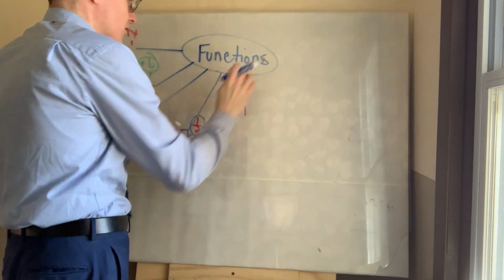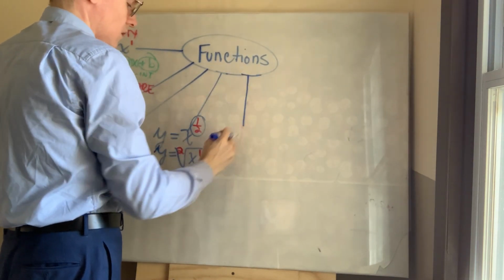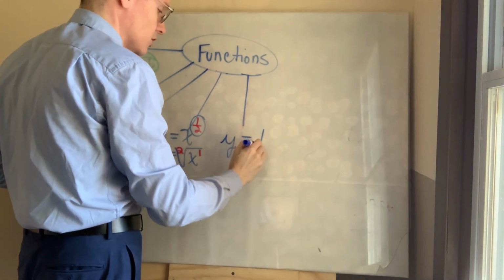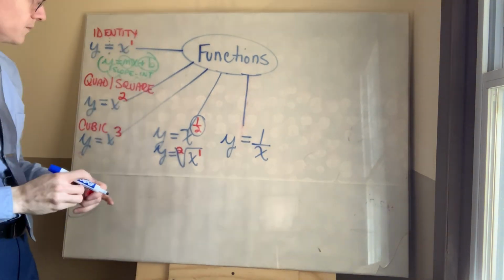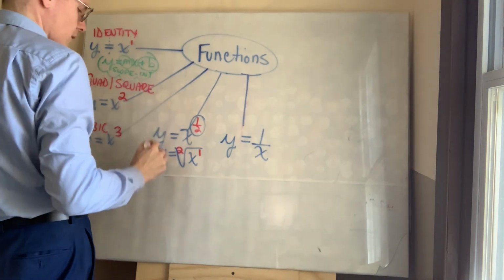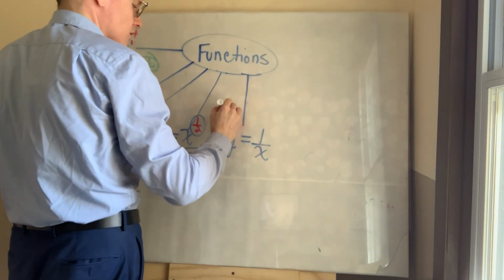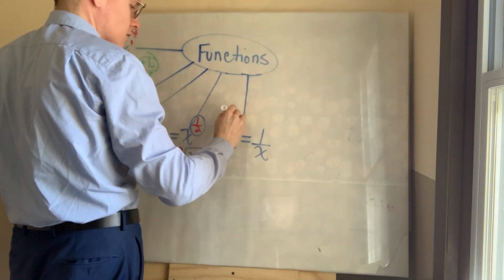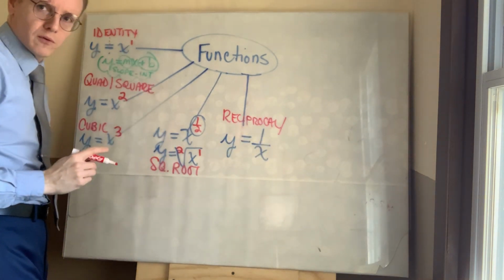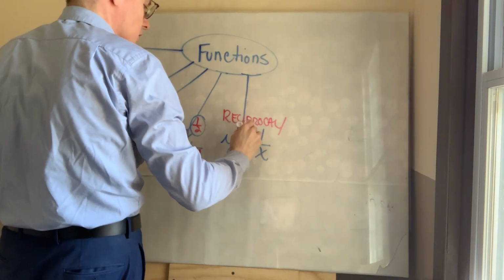Then we have the most basic form of a rational equation, which is a rational function, which is a reciprocal. Let me just label this. This is square root. And this is, how do you call it? A reciprocal function, which is the most dumbed down, simplified, least complex version of a rational function.